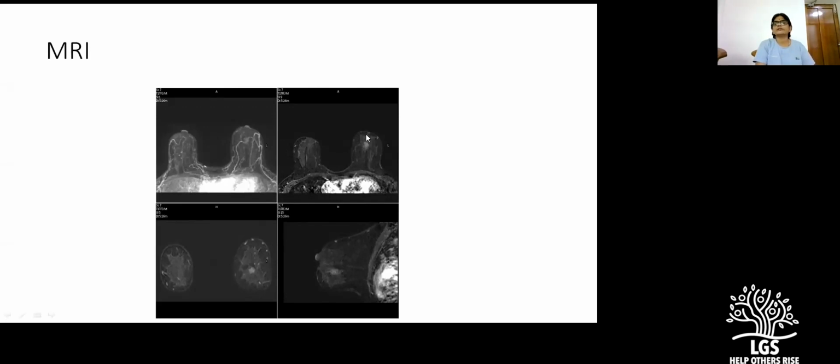I was explaining the axial view and coronal view for surgical planning, to localize and look at the posterior and anterior extent and the clock position to plan your incisions, and then the axial view to look at the extent from towards the nipple and behind towards the chest wall. So this is what we did.